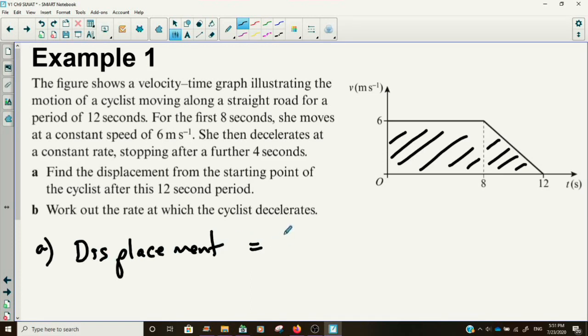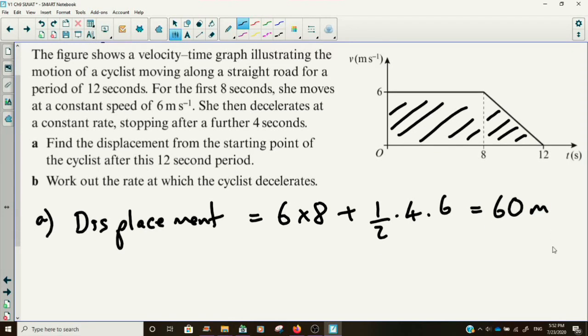So it's going to be 6 times 8 for the rectangle, and we're going to add on that triangle, so a half times the base, which is 4, times the height, which is 6, and if you add those together you get 60 meters. So distance travelled or displacement is 60 meters.